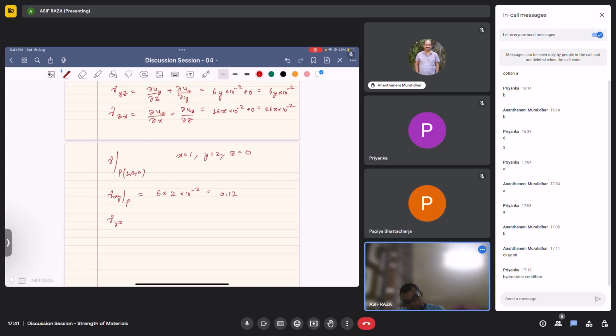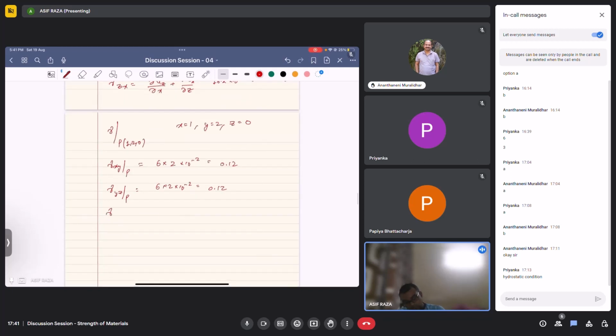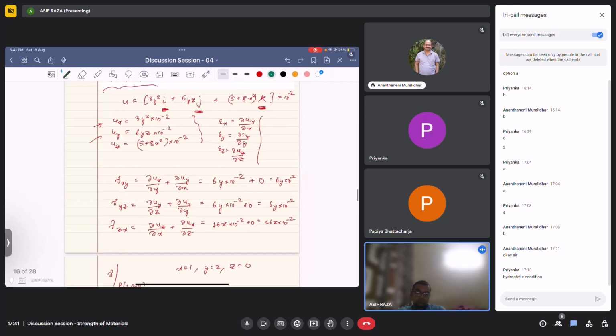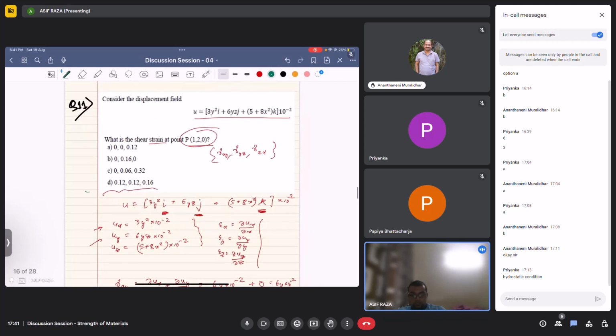Gamma yz at P is again 6 into 2 into 10 power minus 2, that would be equal to 0.12. And gamma zx at P would be equal to 16 into 1 into 10 power minus 2, that is 0.16. So the answer is 0.12, 0.12, 0.16. So the answer is this. Okay.